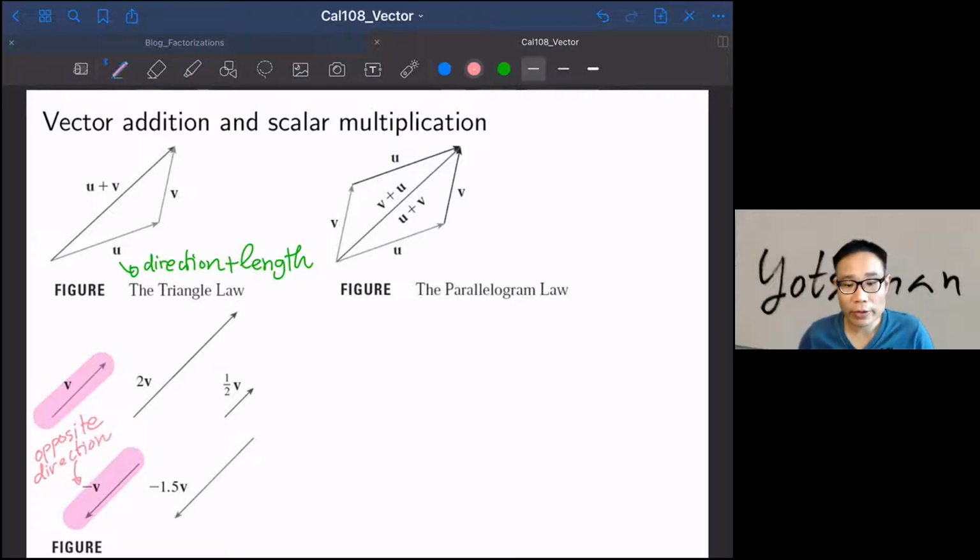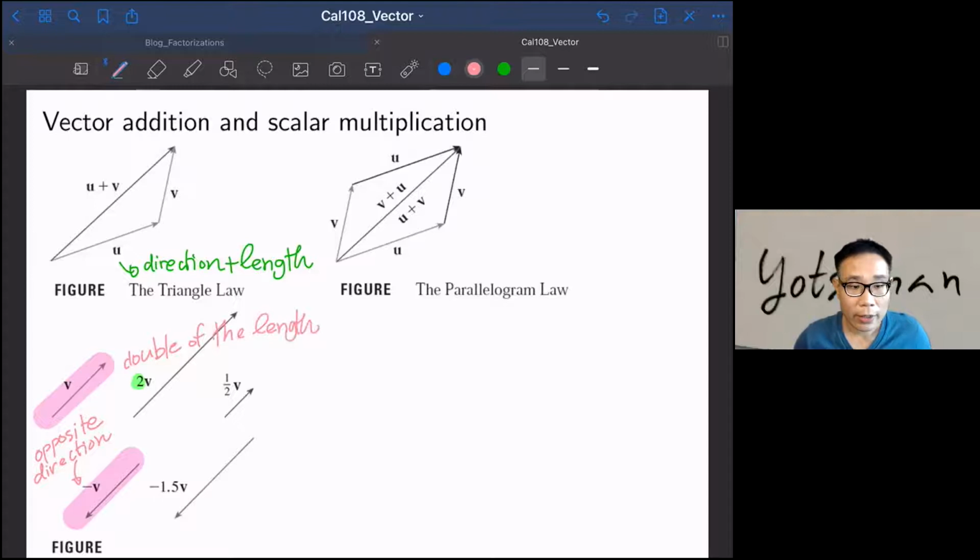The next one is the vector 2v. You see that it's going to be double your v in this case. So 2v here is double the length.